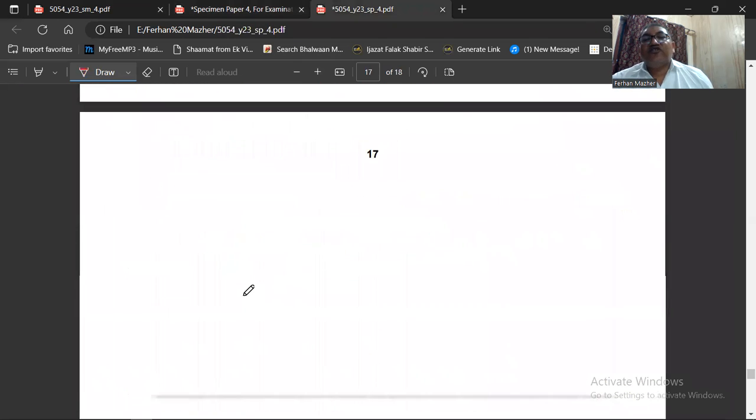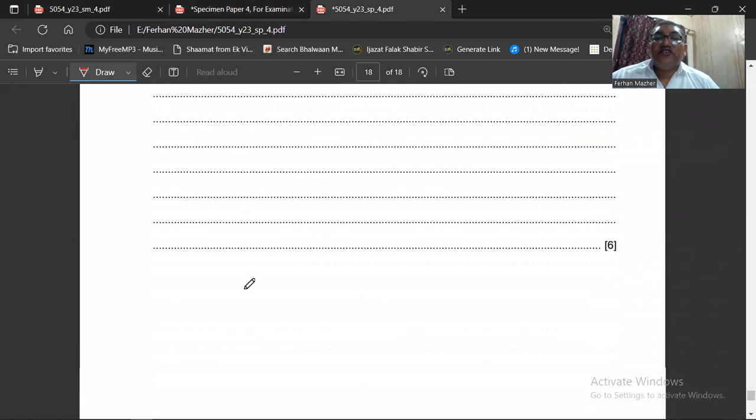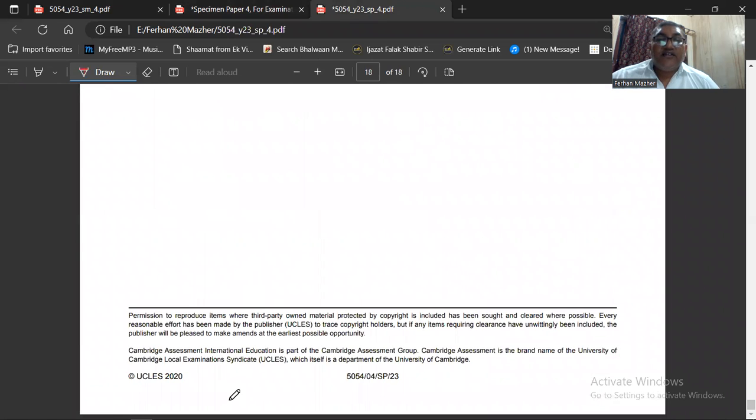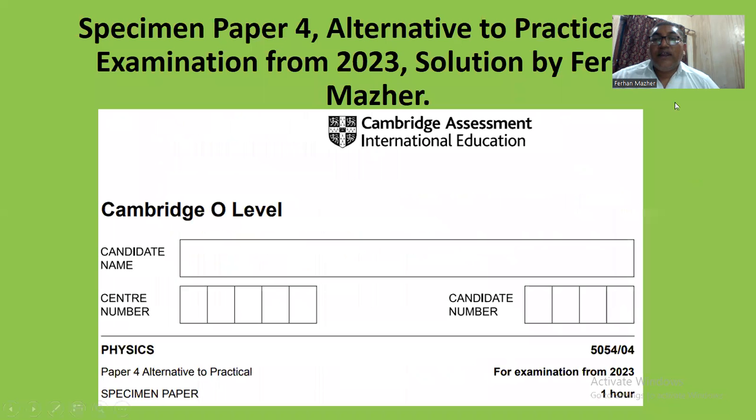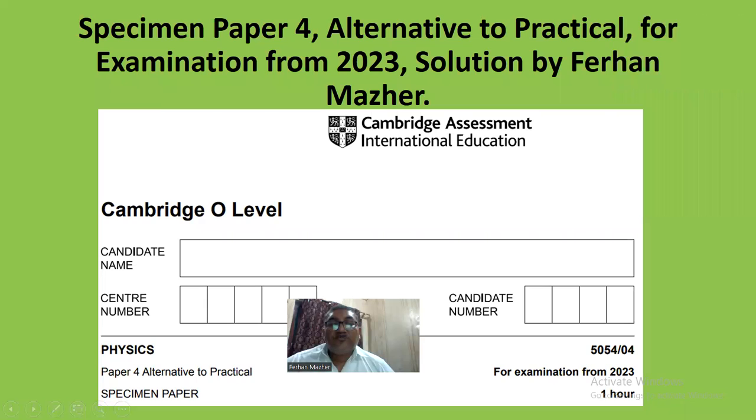So my dear students, we have reached the end of this paper. And today in this paper, we have done the specimen paper 4, alternative to practical, or we call it the ATP paper. This is a specimen paper for the examination from 2023.